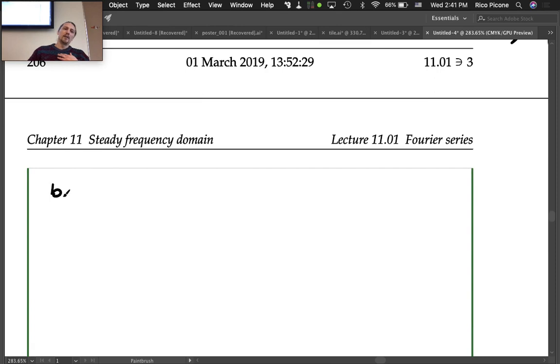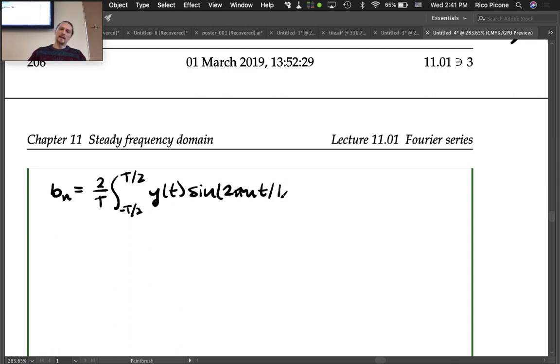Now, bn hopefully is not 0 everywhere, or we have screwed up somewhere. So let's compute bn. From the definition, it's 2 over T, integral from negative T over 2 to T over 2 of y of t, the square wave, times sine of 2 pi n little t over big T dt. Once again, we can split this at time equal to 0.